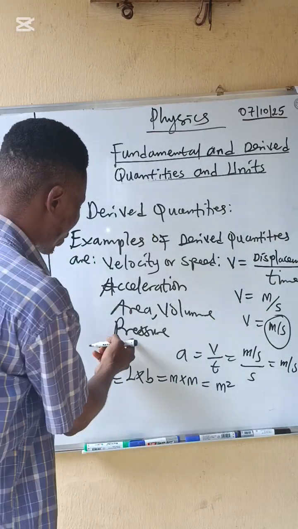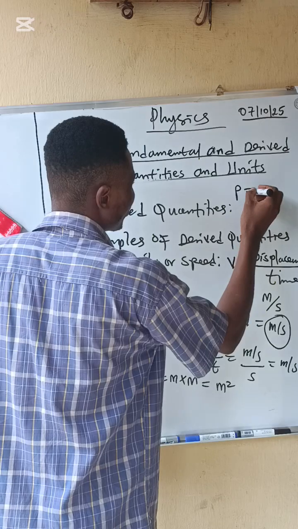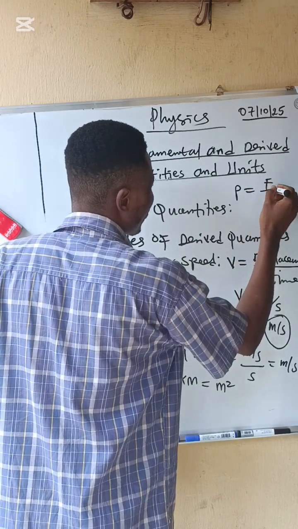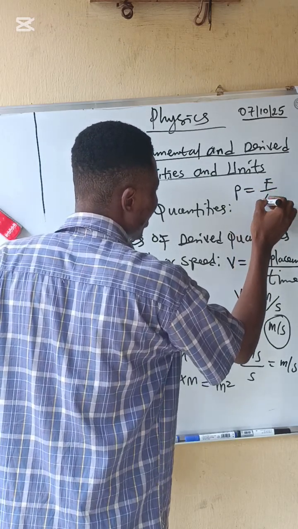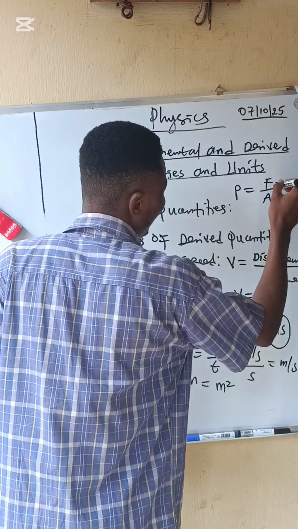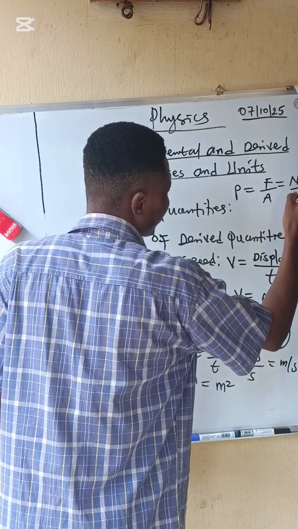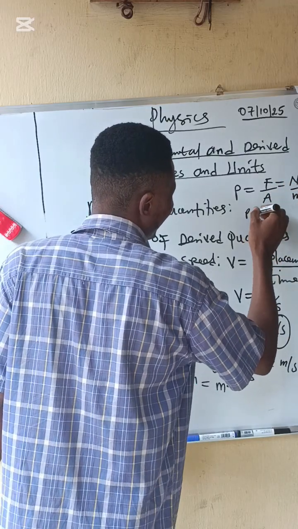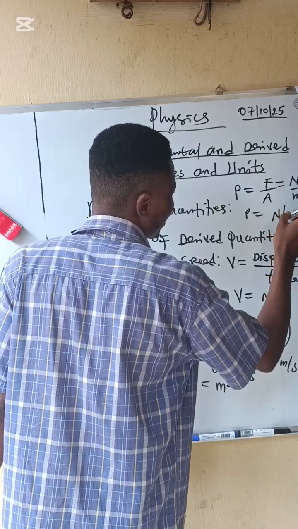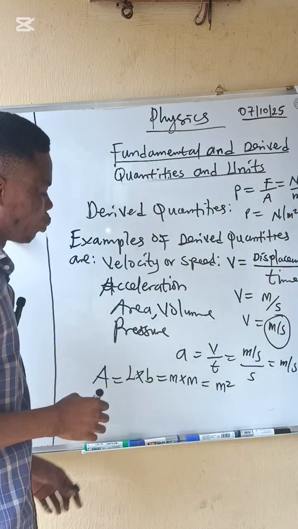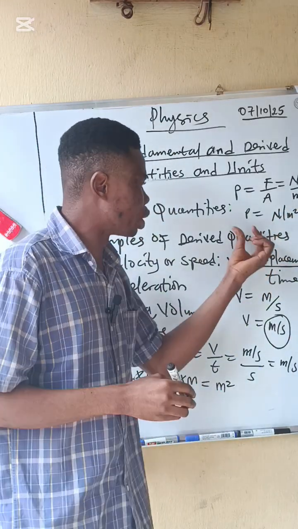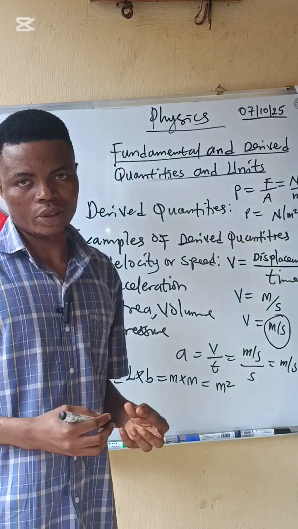The same thing with pressure. Pressure equals force over area. Force is in Newton, divided by meter squared. So P equals Newton per meter squared, which shows that the unit for pressure is a derived unit.